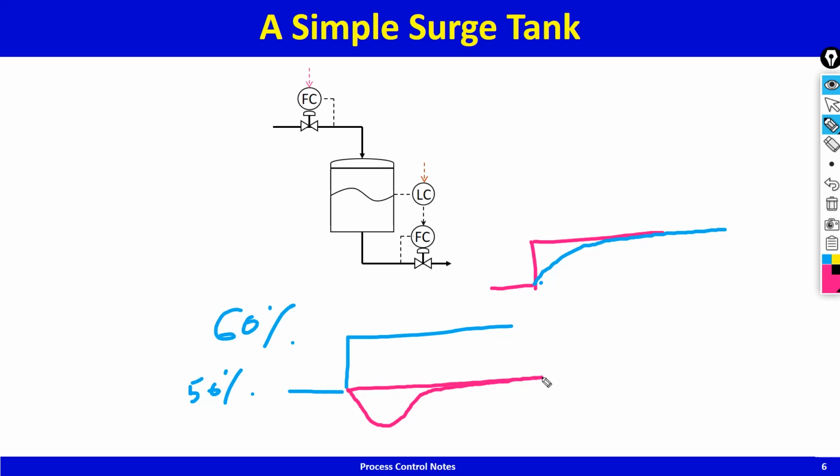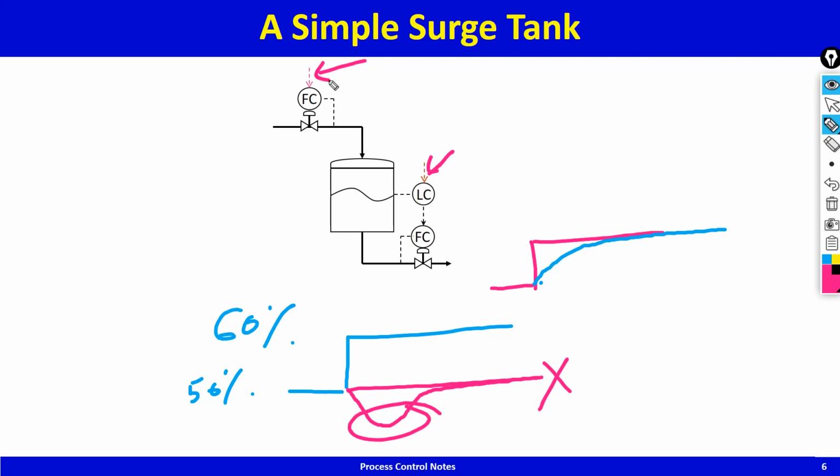So you see, when you change the level set point, the steady flow through the system doesn't change. It has a transient effect, but it has no steady state effect. So this particular degree of freedom has a dynamic effect, a transient effect. It has no steady state effect. On the other hand, this degree of freedom has both a steady state effect and a dynamic effect.